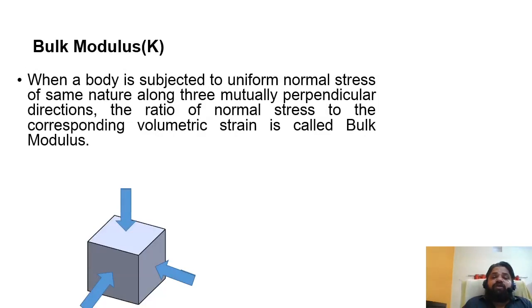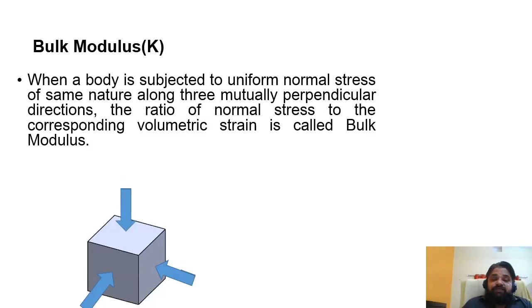When a body is subjected to uniform normal stress of the same nature, that means either it is compressive or it is extending, all in the same nature, that means sigma x, sigma y, sigma z applied on a body along three mutually perpendicular directions, the ratio of normal stress to the corresponding volumetric strain will give you the bulk modulus.